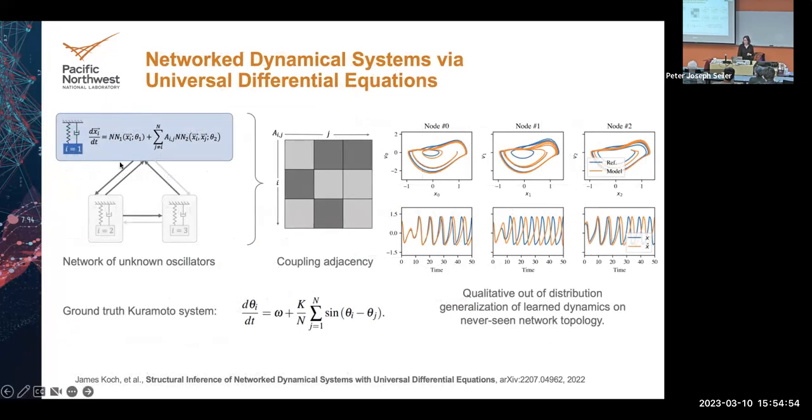We've looked at ways in which we can represent these and then train these models from data. What we can do is not only recover the dynamics qualitatively well, but also recover the connectivity between the system, for example these adjacency variables. This is an example of classic Kuramoto oscillators, and people are using it in power systems.